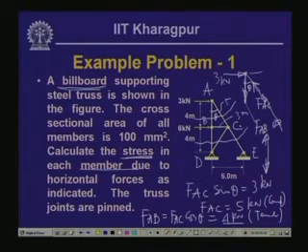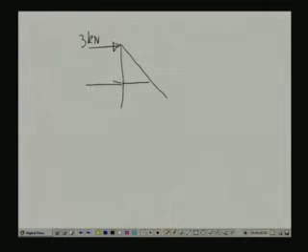Now, supposing we cut the structure from here and take the free body of the upper part of it, then we get a configuration like this. Here we have 3 kilonewton, here we have 6 kilonewton.